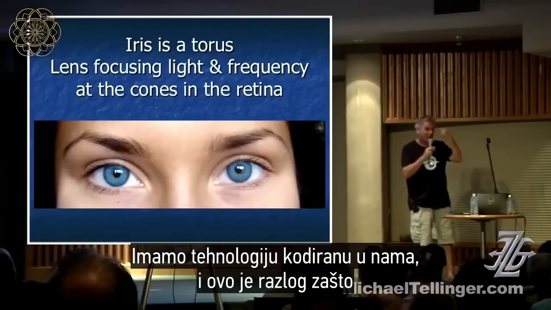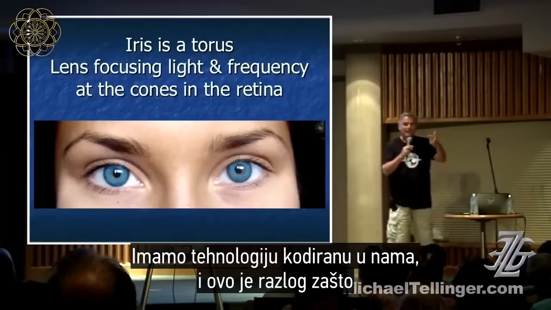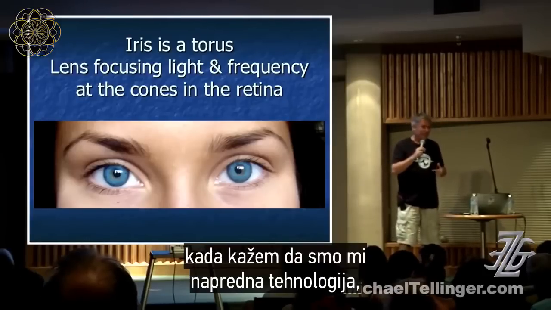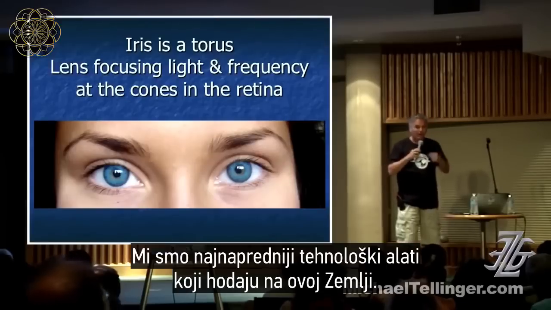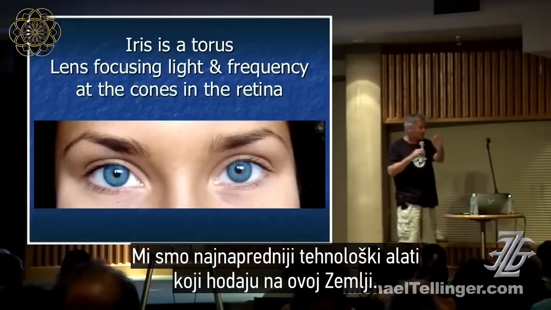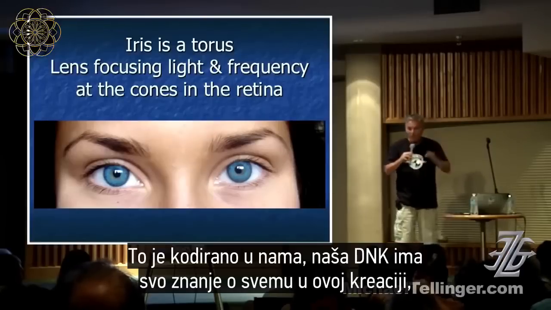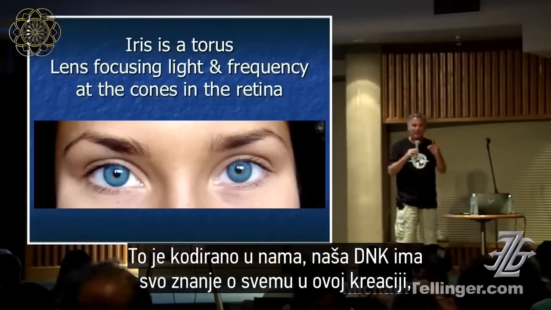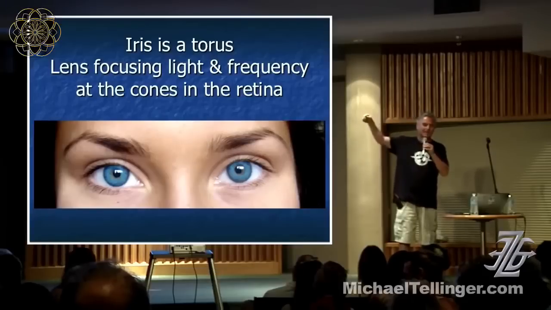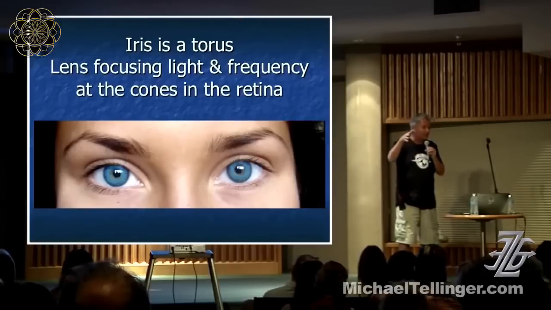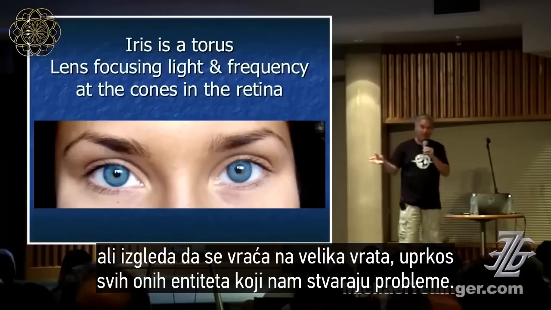We've got this technology encoded in ourselves, and this is why when I say that we are advanced technology, people don't get it. We are the most advanced technological tools walking around on this earth. It's encoded in us. Our DNA has all the knowledge of everything in creation that was put there by Enki. And those bastard Anunnaki turned us into their slaves, but it seems we're back here kicking butt with all those other entities that are causing trouble for us.